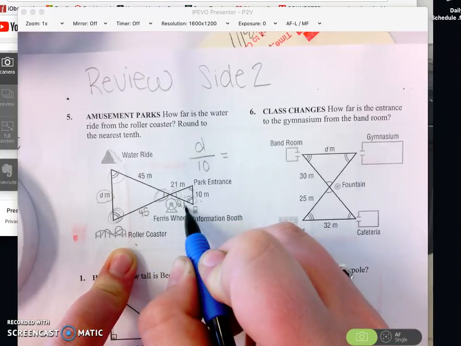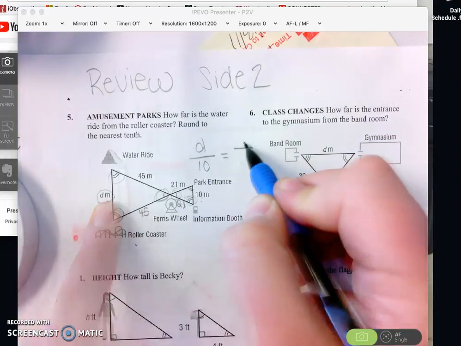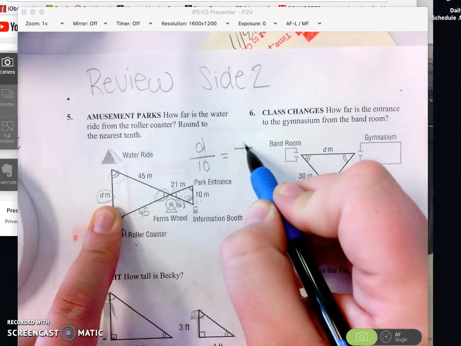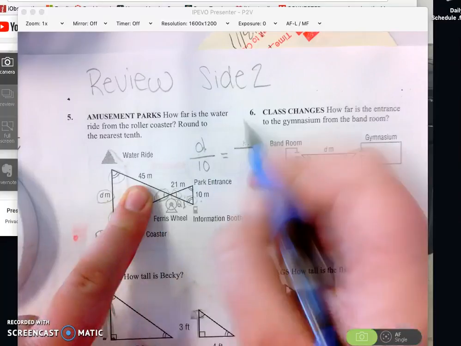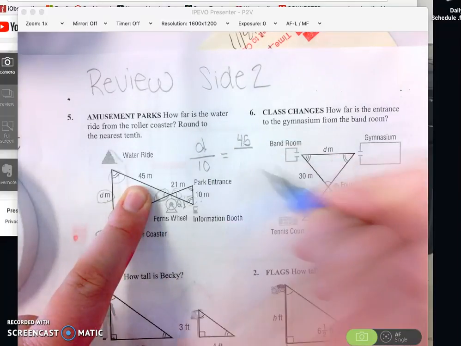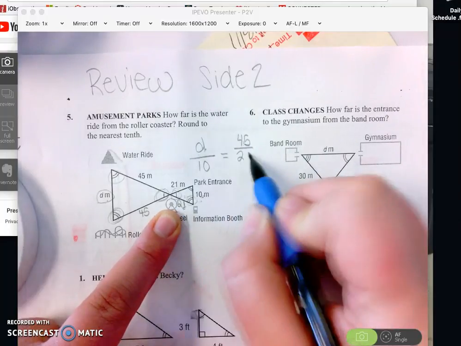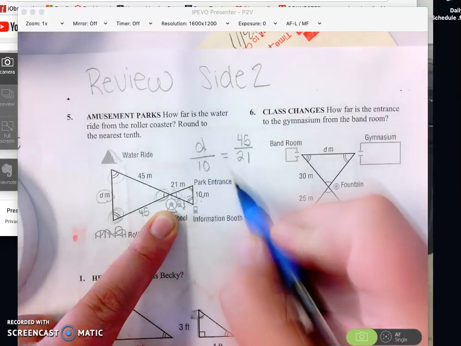So D has to go on the top of the fraction, and it has to come from the same triangle as this D. So here I have to put 45 on the top, and then the 21 and the 10 come from the same triangle, and that's how my proportion is going to be set up.